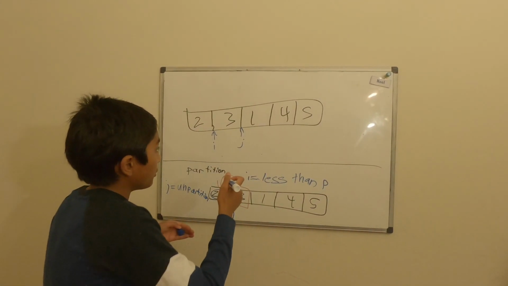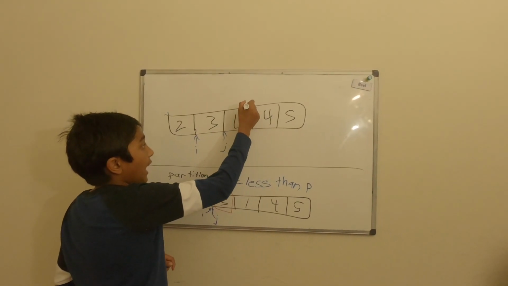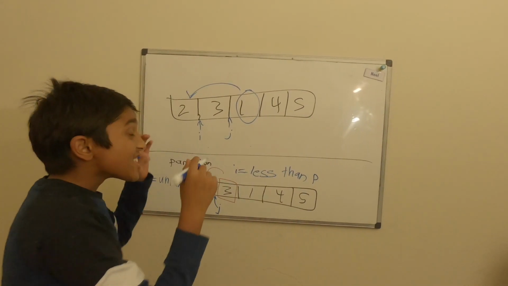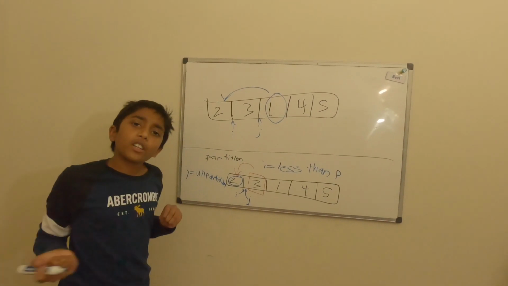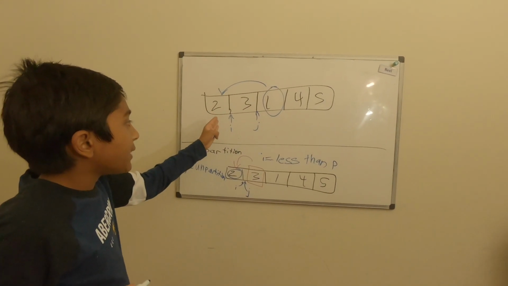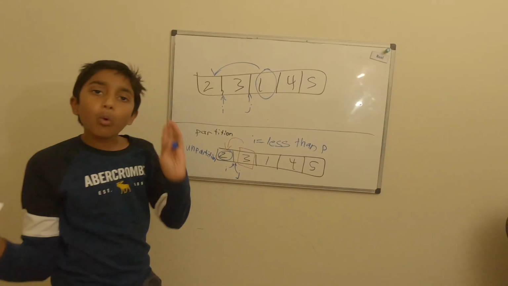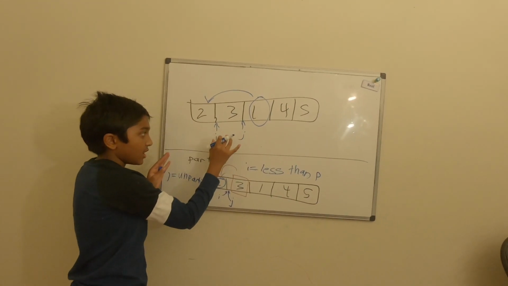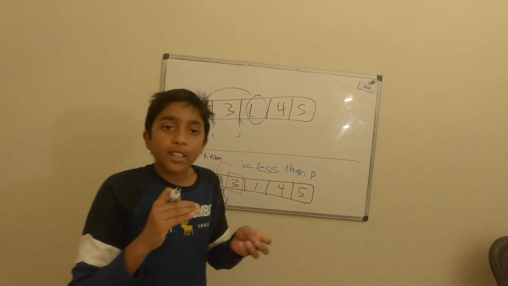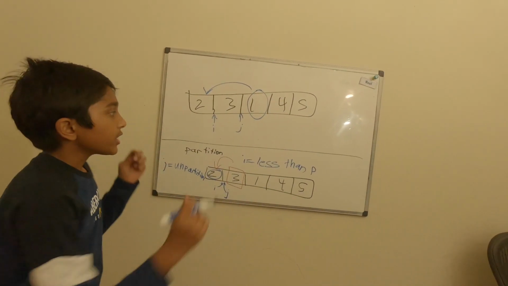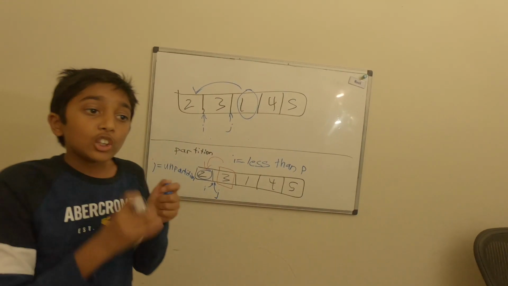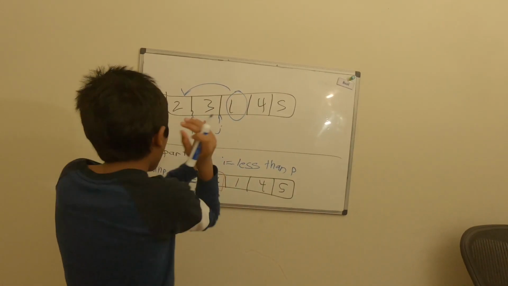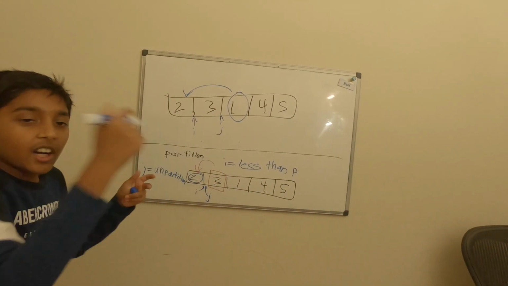So now, what are we going to do? Now, we're going to compare this to this. Obviously, this is less. So what are we going to do? We have to swap it with the one that is just right of this I, because we want to get it into the less part without moving any of the ones that are already there out of it.